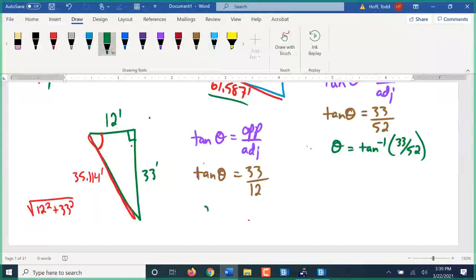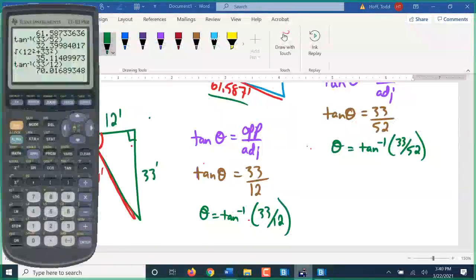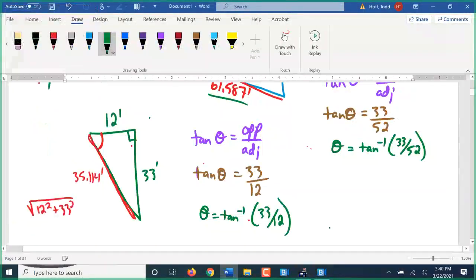So the angle itself will be the inverse tangent of 33 over 12. Now 33 over 12 is more than 1, right? So this is going to be bigger than a 45-degree angle. It comes up to be 70.02 degrees.